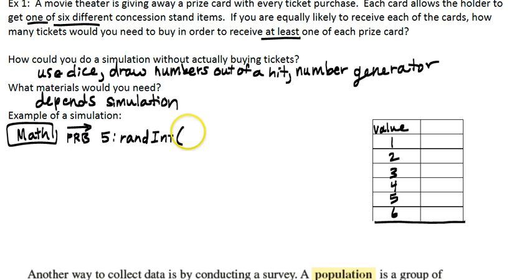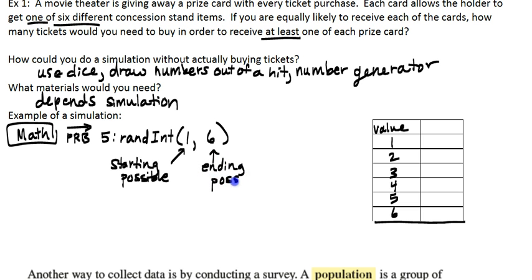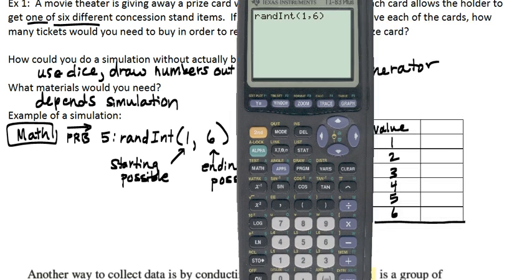And again, 1 is the smallest possible random number it's going to generate, and 6 then is the largest possible random number it's going to generate. I could do this with a dice roll, and that actually maybe would be faster, but here I am with my calculator, so we'll use it.